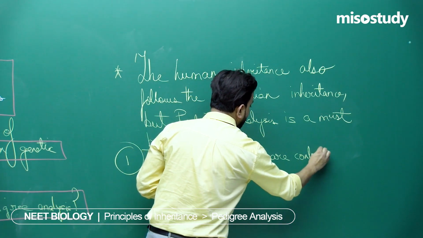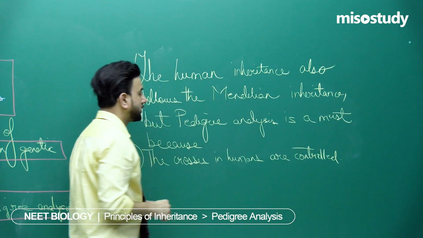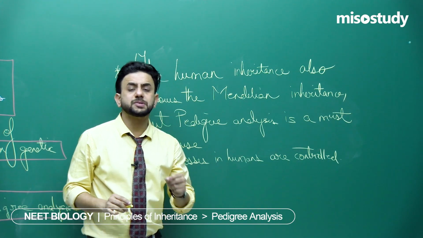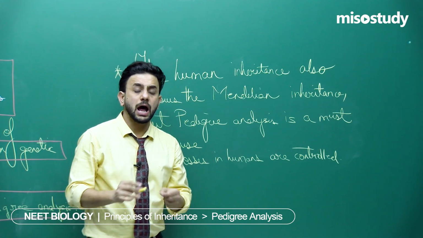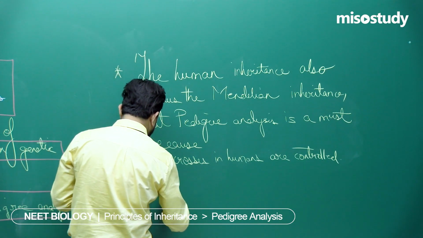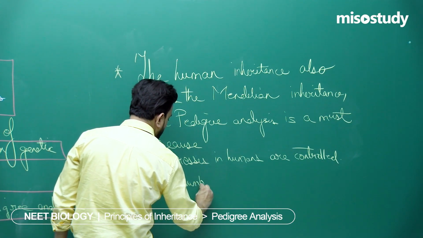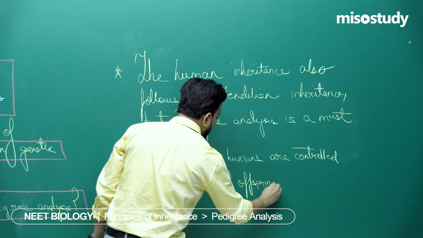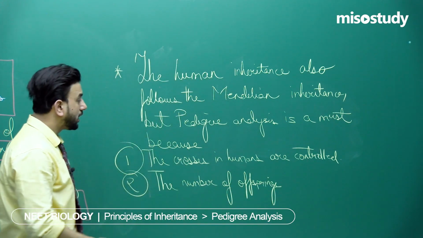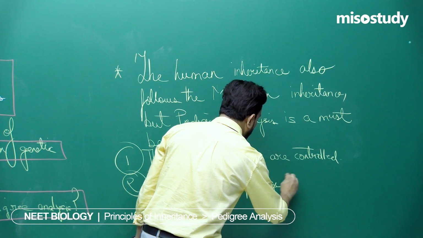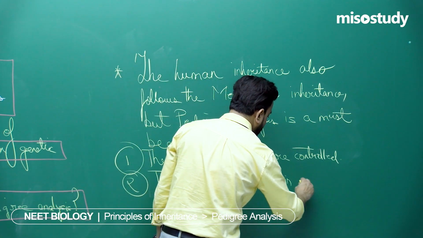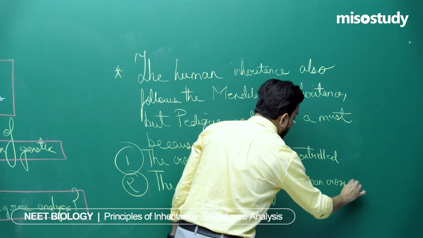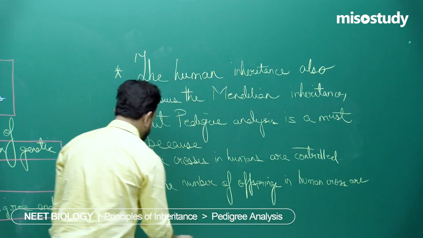And secondly, the number of offsprings produced per cross is limited and not to that extent. The number of offsprings in human cross are very limited.